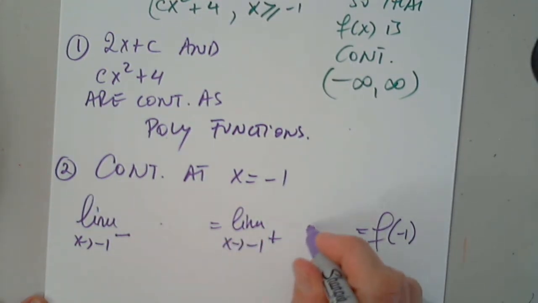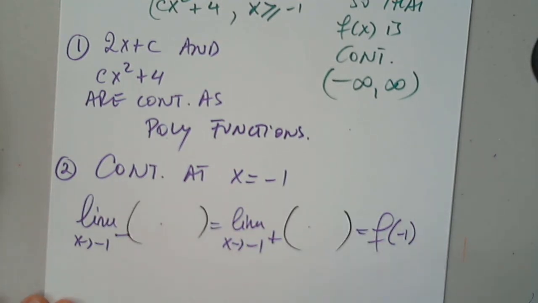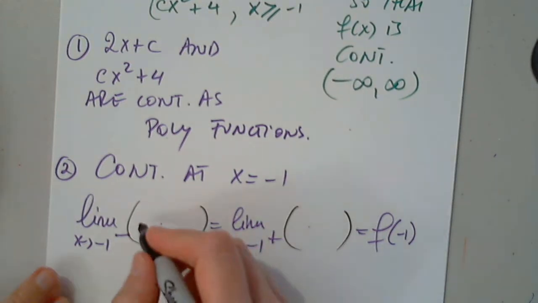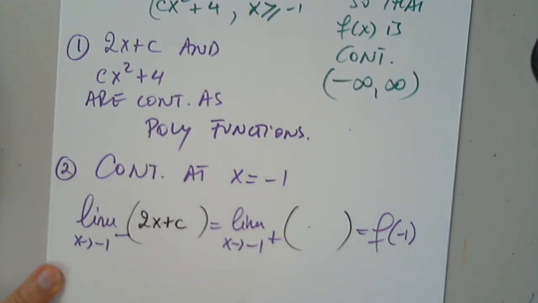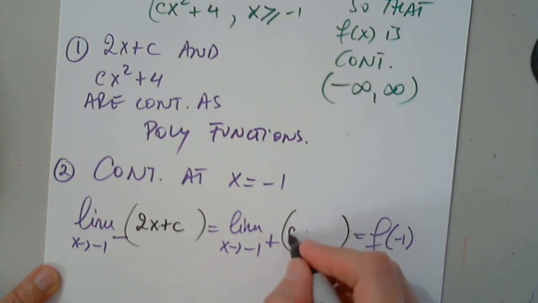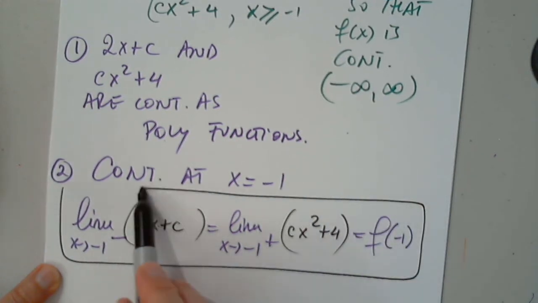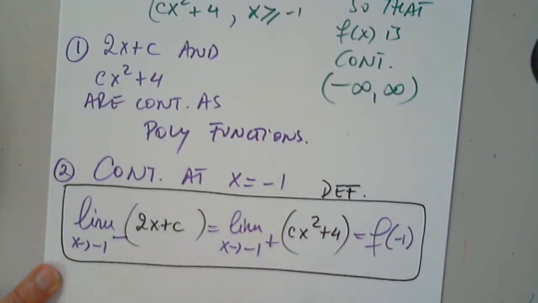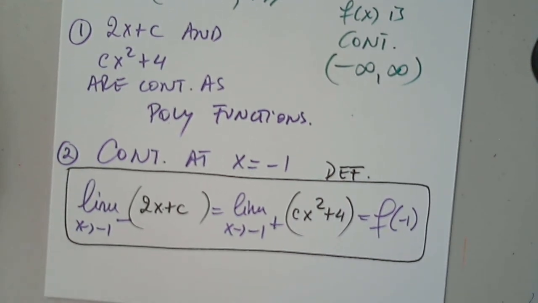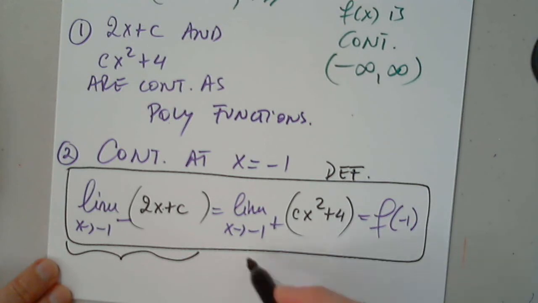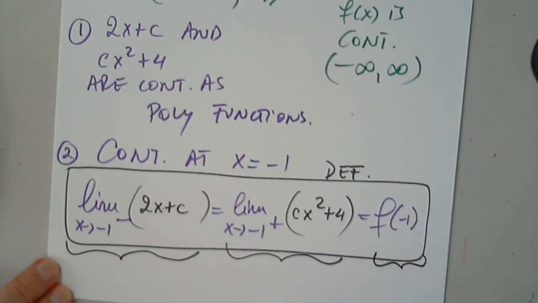Tell me, what do I write here and what do I write here? 2x plus c, and here cx squared plus 4. So this is what I have to write first. This is the definition of continuity at a point. Now, can anyone give us this limit? And can anyone give us this limit? And can anyone give us f of -1?